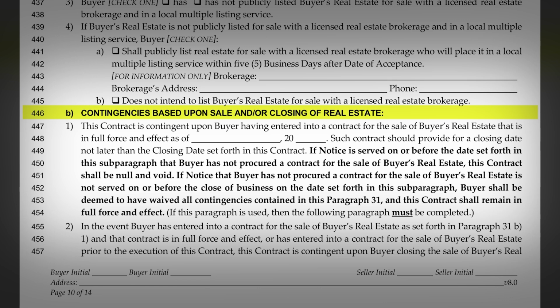If that property is already under contract and we just need it to close, what information do we need? The really important information is line 447. That paragraph talks about the date on which that property, the buyer's current home, needs to be in a full force, executed, fully effective contract.